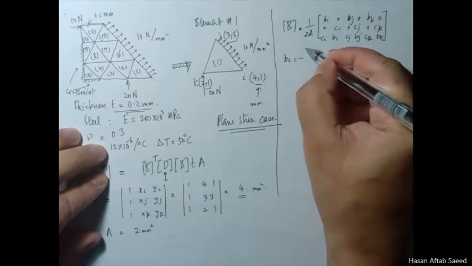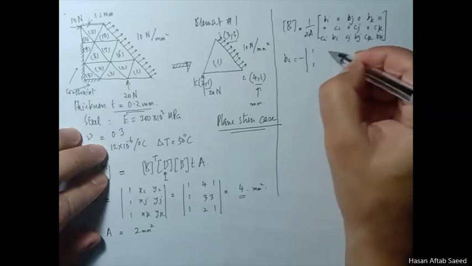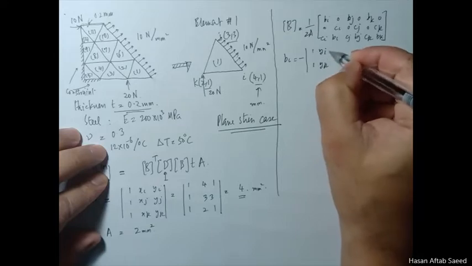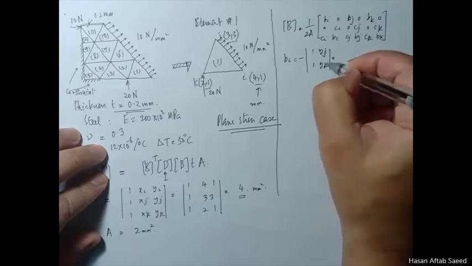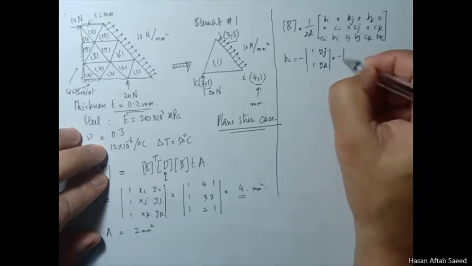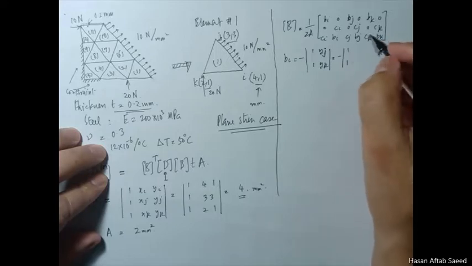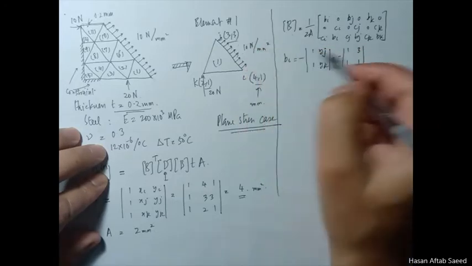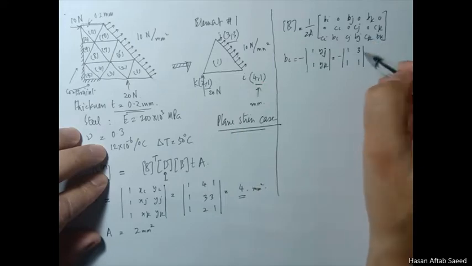Bi, again from one of our previous lectures, is yj minus yk. This comes out to be 2.